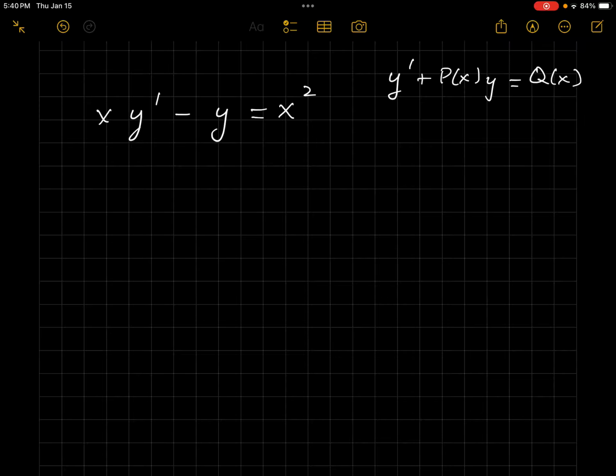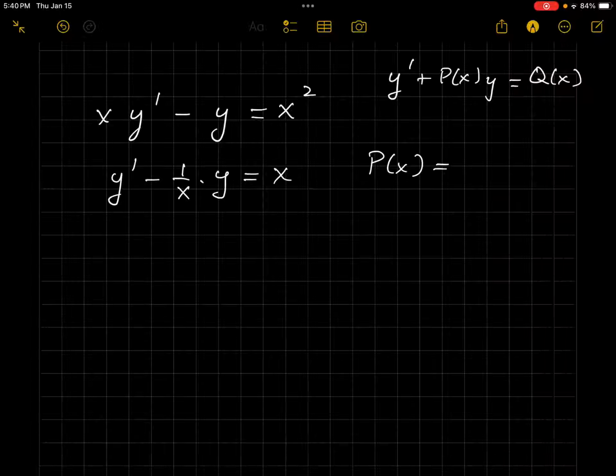So it looks like we need to divide everything by x, which will give me y prime, or dy/dx, minus 1 over x times y equals x. My p of x is negative 1 over x.